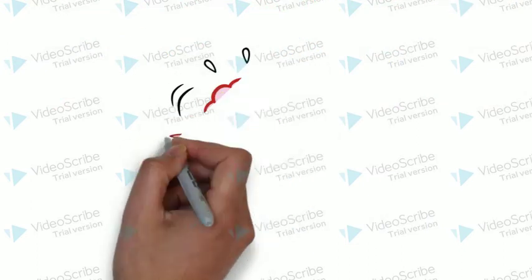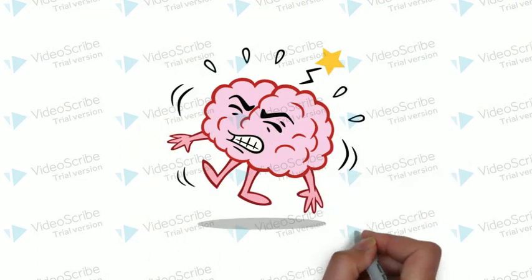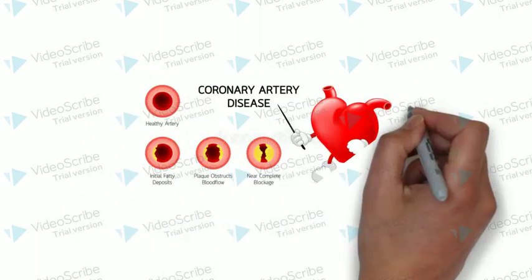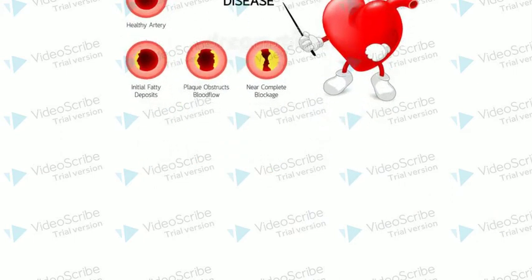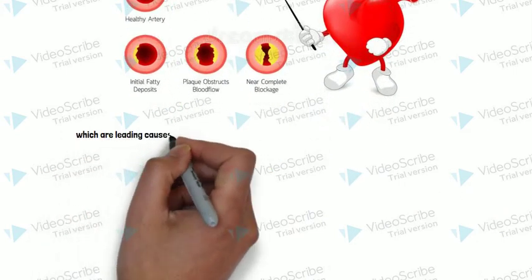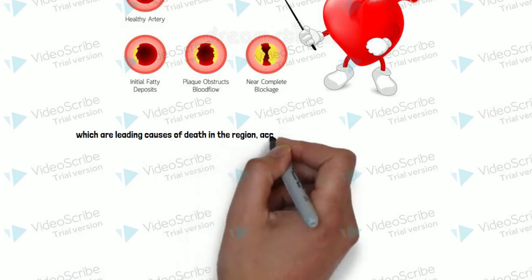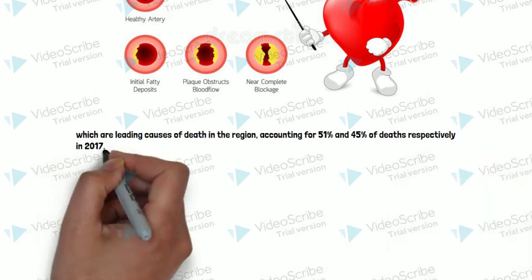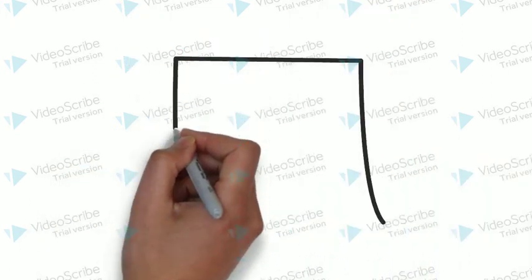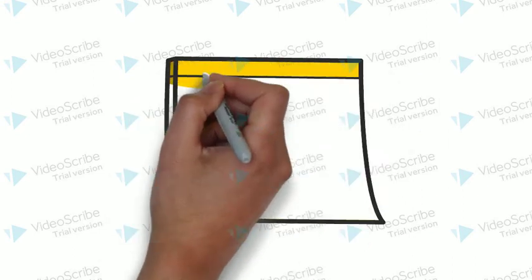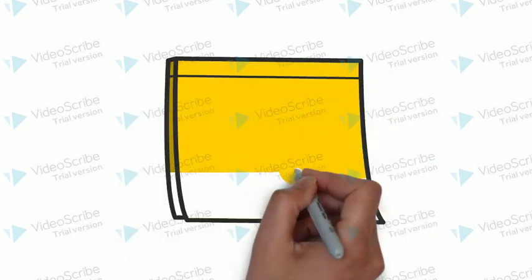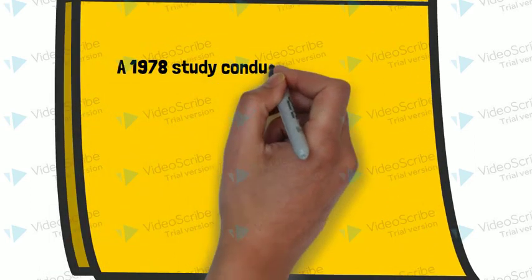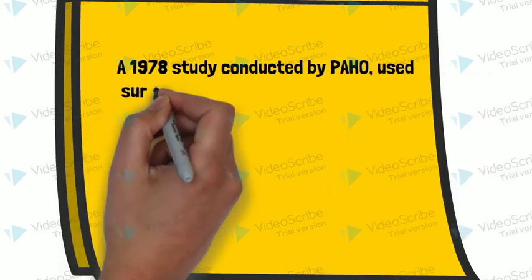Of the non-communicable diseases that Caribbean people experience, hypertension is associated with cerebrovascular diseases such as stroke and ischemic heart disease, which are leading causes of death in the region, accounting for 51% and 45% of deaths, respectively, in 2017. As a prominent health condition, hypertension is the greatest contributing factor to the mortality rates observed in the non-Latin Caribbean. This is significant since most Caribbean islands are inhabited by more than 90% African descendants.